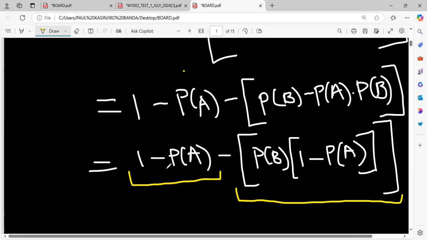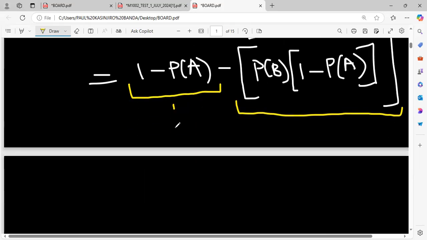We can see the 1 minus probability of A here, and on the other side I can also see 1 minus probability of what? A. So what am I going to do? I'm going to factorize it, because it's in this expression and also in this expression there. It's common, so I'm going to factorize this 1 minus the probability of A.